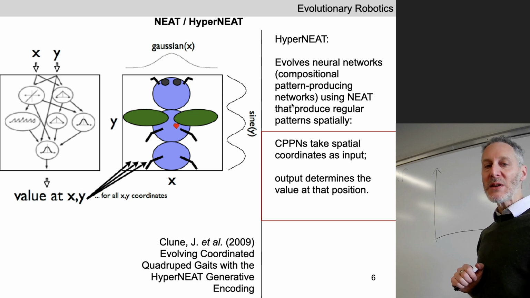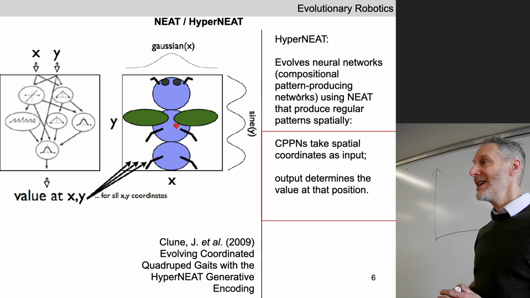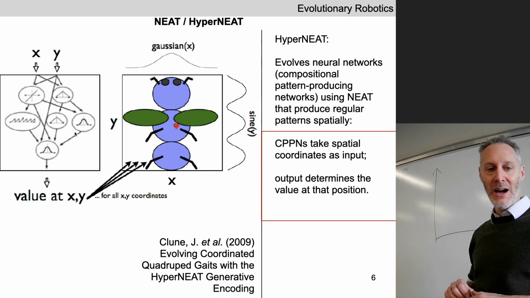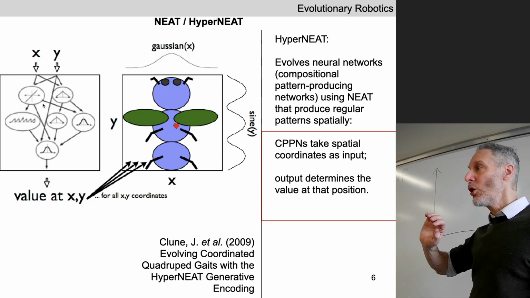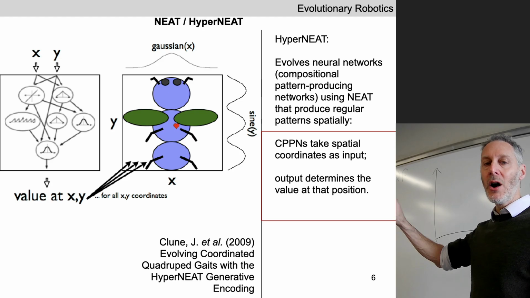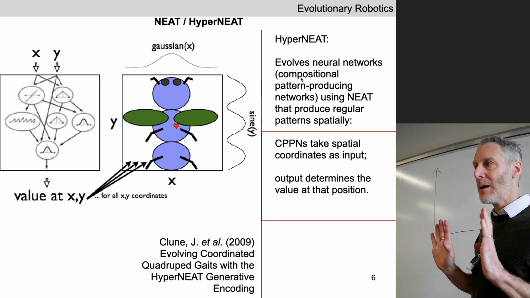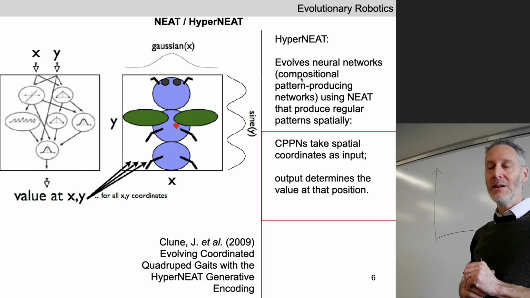Let's focus on the PPN for a moment: pattern producing networks. This is arguably one of the very first Gen AIs there were. This is a generative AI. It was published back in 2009. It's going to generate or paint a pattern onto something else. And it's going to do it using a composition, but we'll come back to that in a moment.